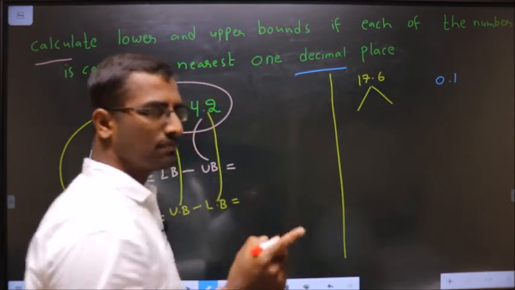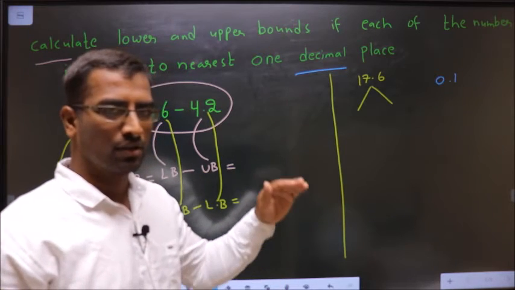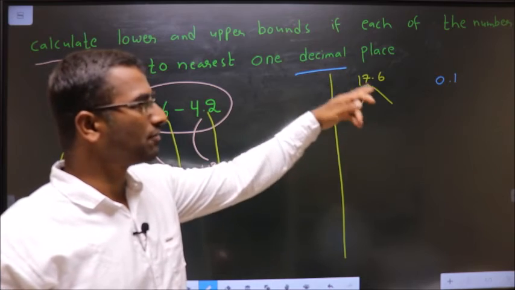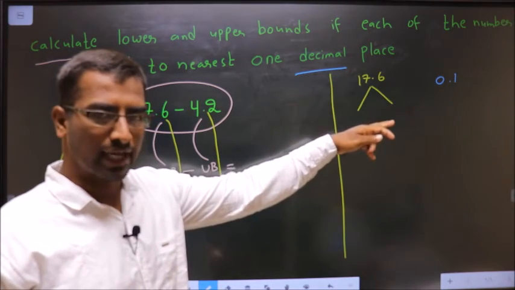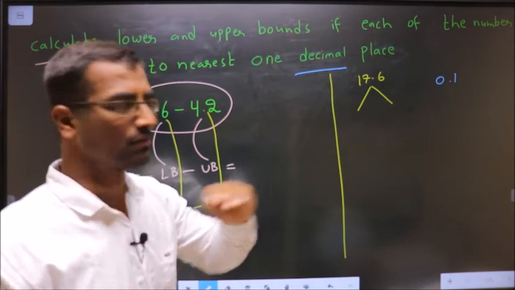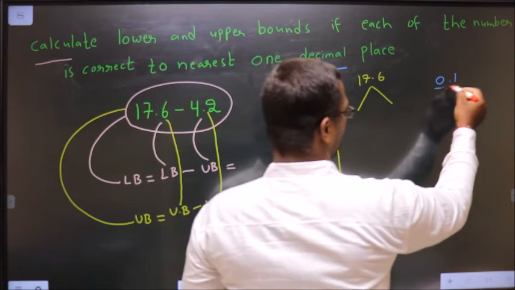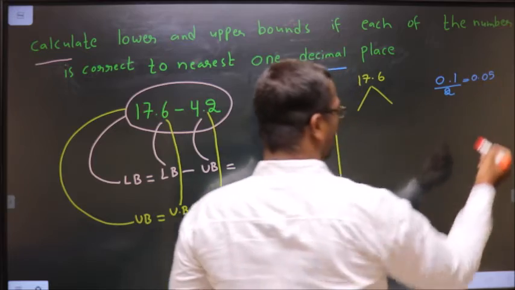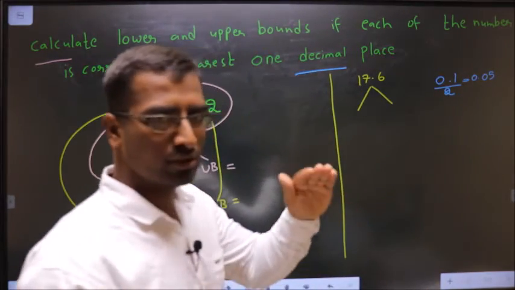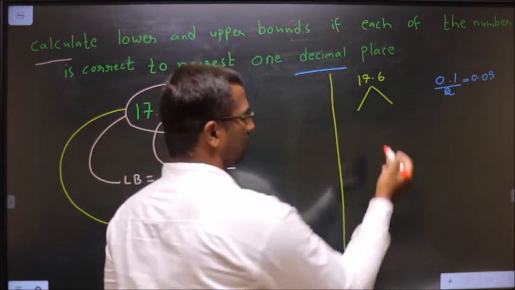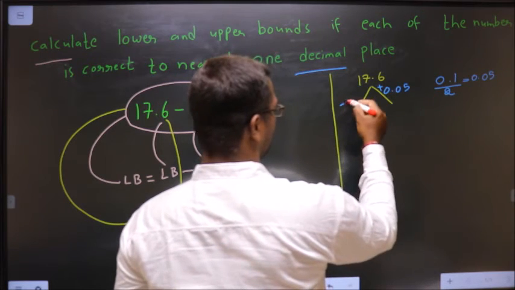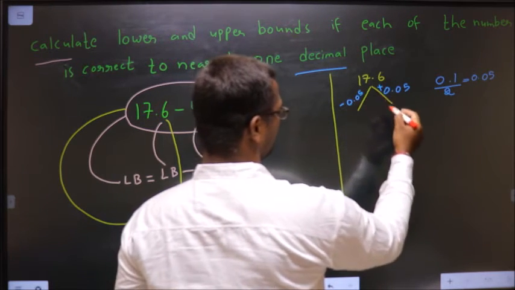Remember that. One decimal means 0.1. So whatever you should subtract and add is one decimal. Of that you should do half. So do half of this, so you get 0.05. It's nearest to whatever you should do half of that. So add 0.05 and subtract 0.05.